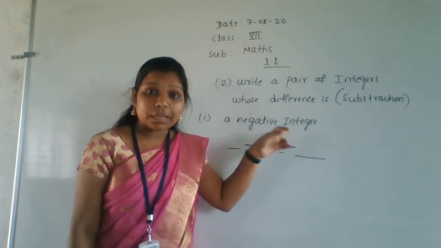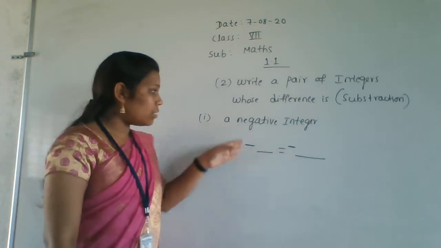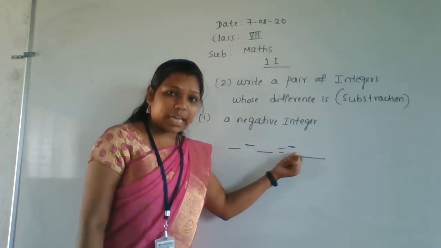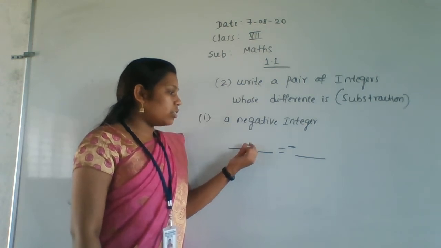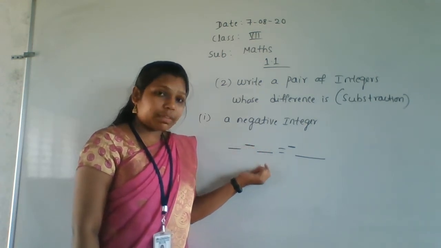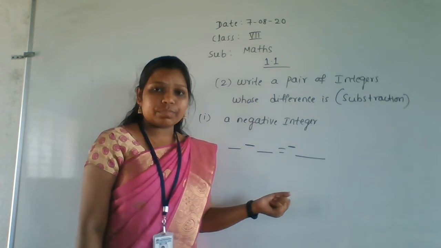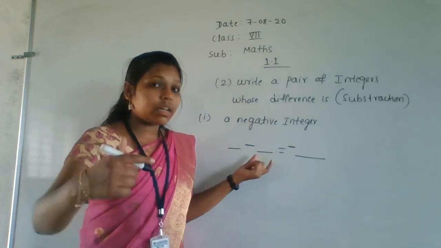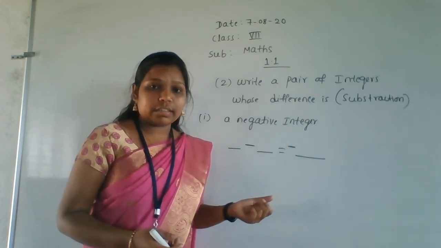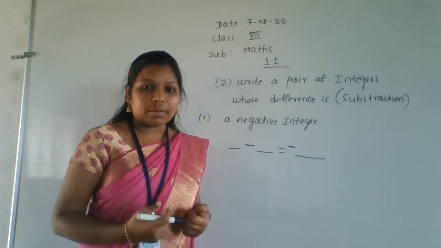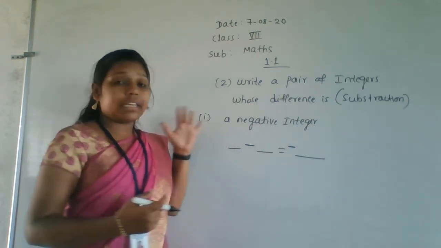That's why I am putting a negative sign here. So select two numbers whose difference will give a negative number. Take any numbers, if you want, you can take any numbers.